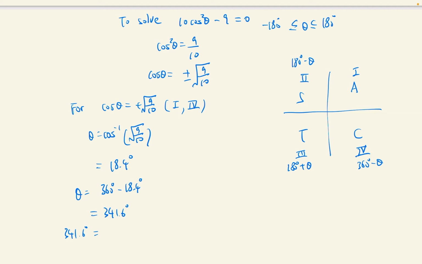So the other answer is 341.6 minus 360, which is minus 18.4 degrees. So the answers are plus or minus 18.4 degrees.